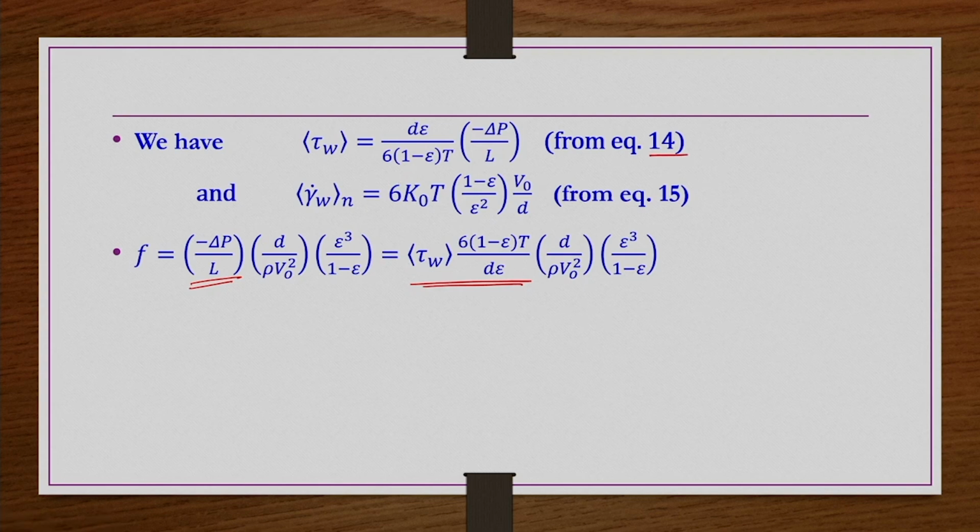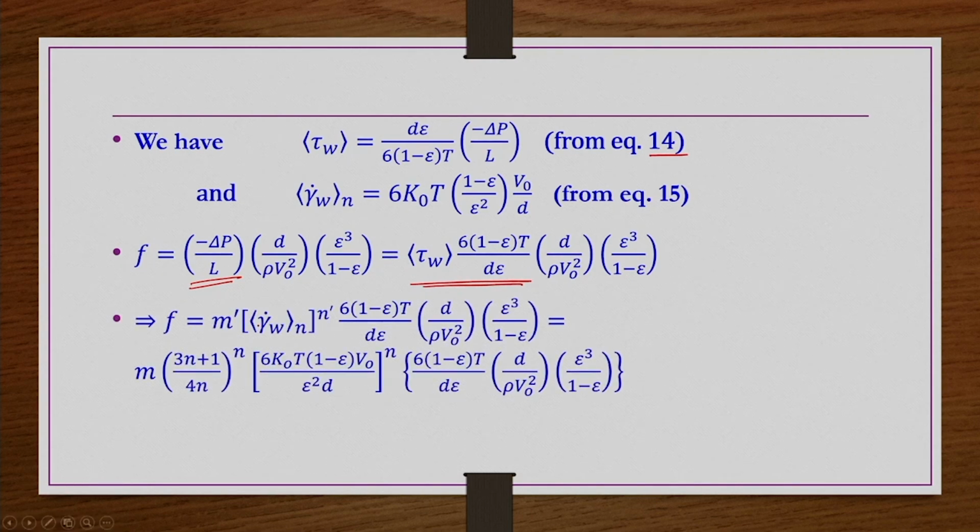Before doing the simplification, this tau W is equal to m prime gamma dot W n whole power n prime, so we write that here. In place of tau W we write m prime gamma dot W n whole power n prime, and the remaining terms are as they are.